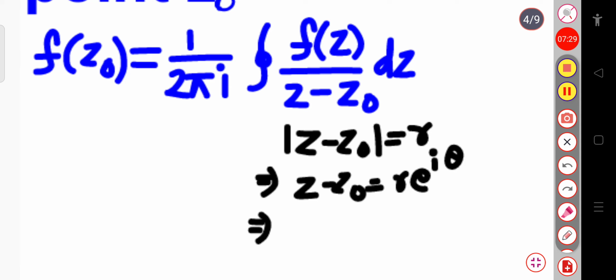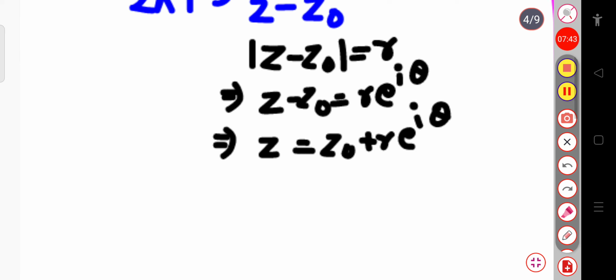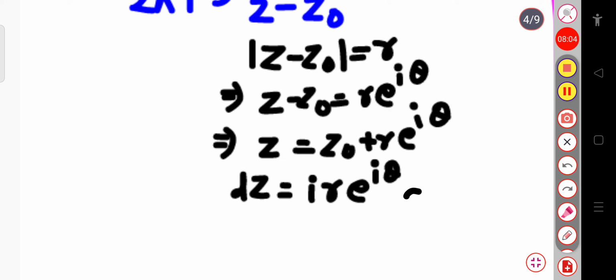So z will be equal to z0 plus r exponential i theta. Clear? And dz will be equal to, since z0 is a constant, the differentiation of the constant goes to 0, so this will be i r exponential i theta d theta.